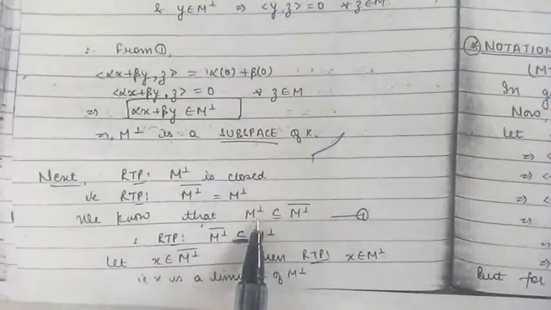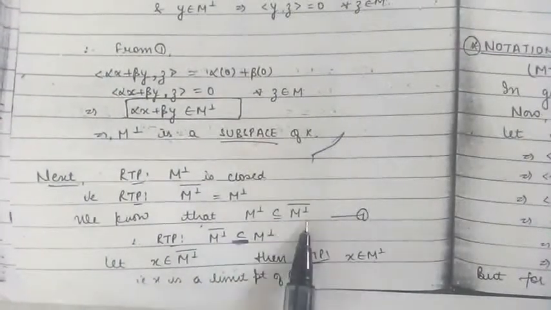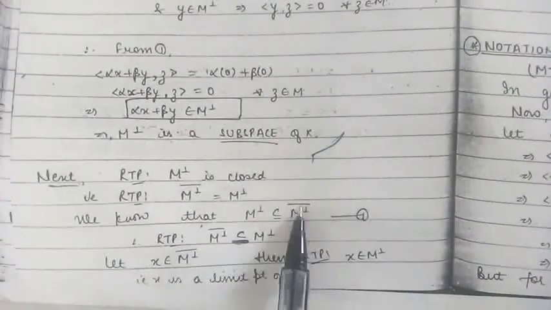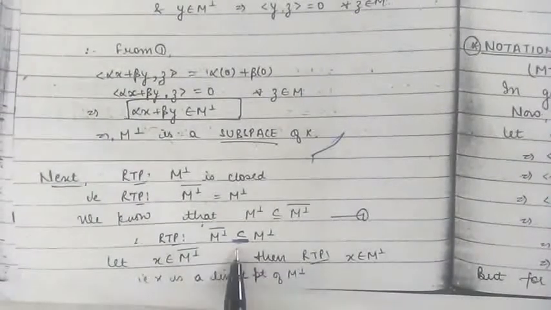And we know that every set is always contained in its closure. So the annihilator of M will be contained in its closure. Now we'll prove the converse part.